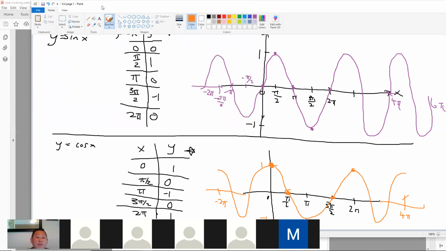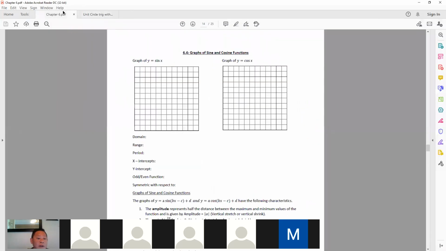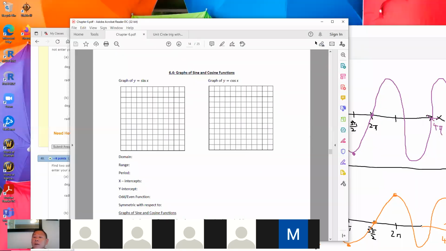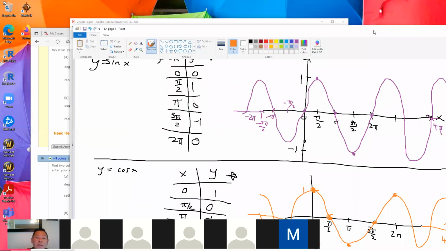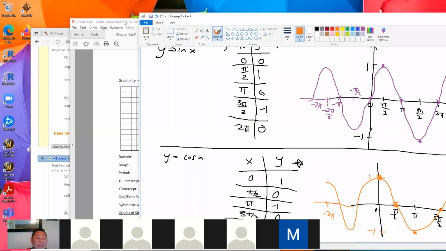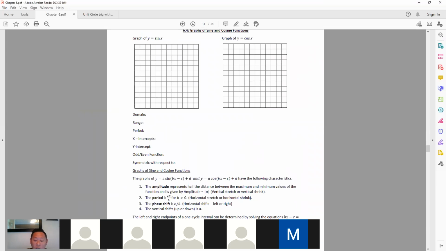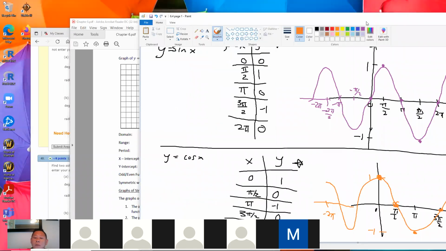Okay, so I don't need my unit circle here. So this is how you draw your sine and cosine. The next thing you need to figure out is your domain, range, and the period. So let's figure out the domain in this case.